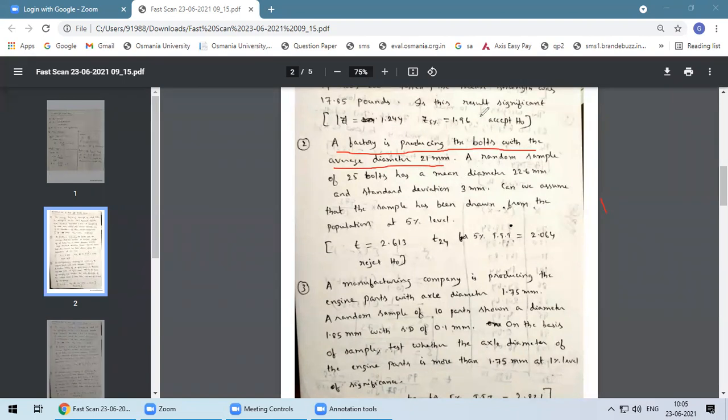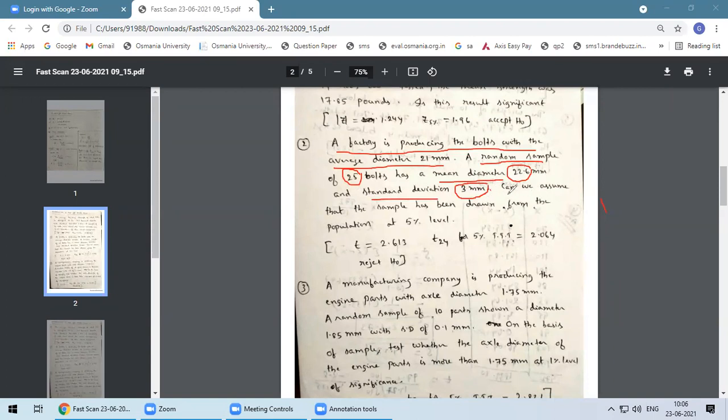A random sample of 25 bolts has a mean diameter 22.6 mm, mm means millimeters, and standard deviation 3 mm. Full stop.